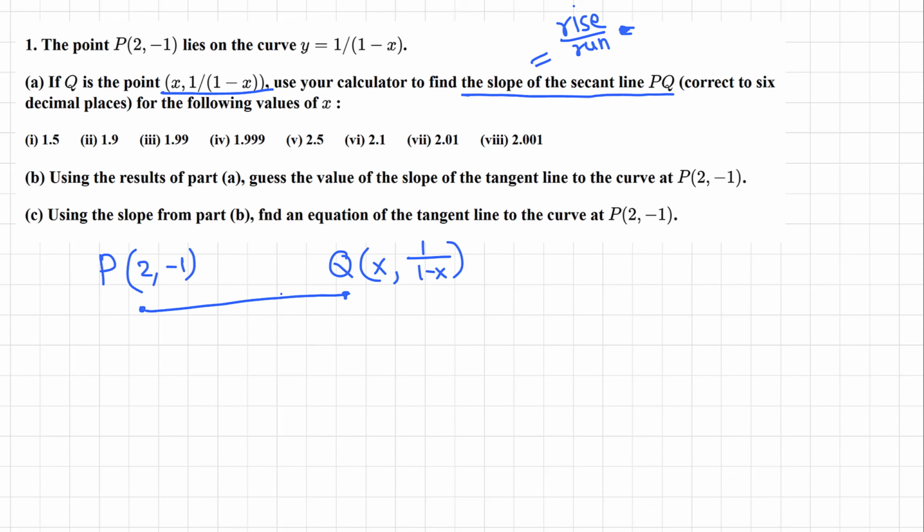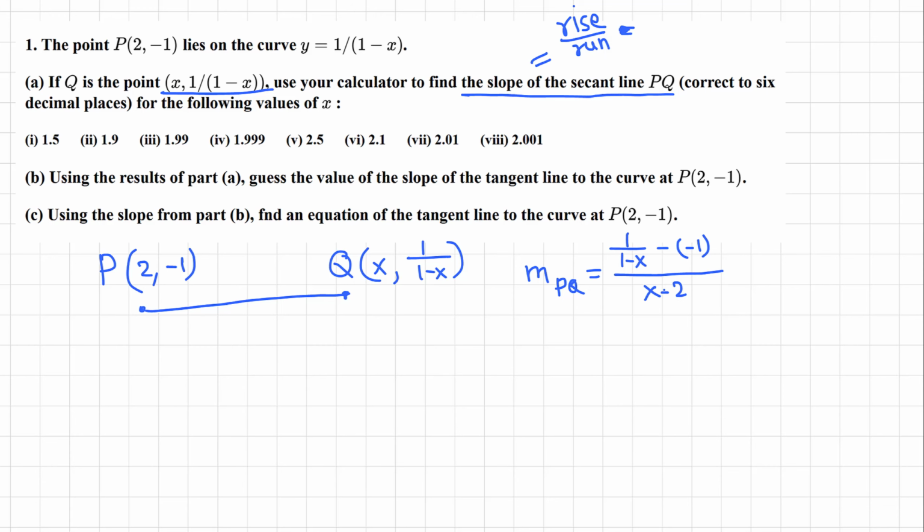Now we can find the slope of this line, which is rise over run, and we denote slope by m, and for this line PQ, m sub PQ. Rise means change in y coordinates, so 1 over 1 minus x minus -1, divided by run, which means change in x coordinates, x minus 2.